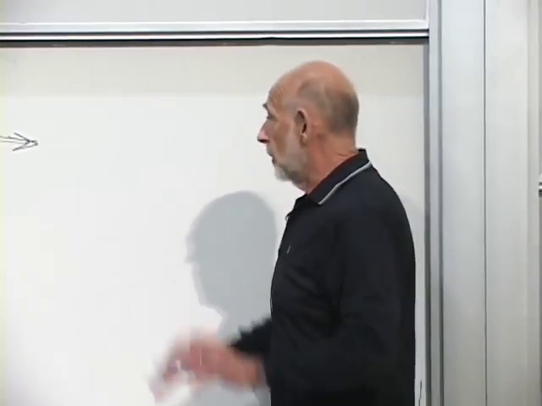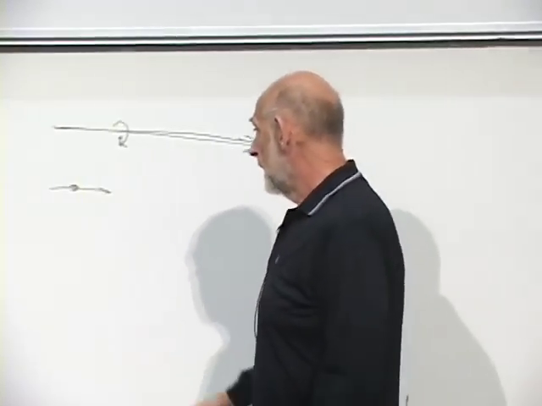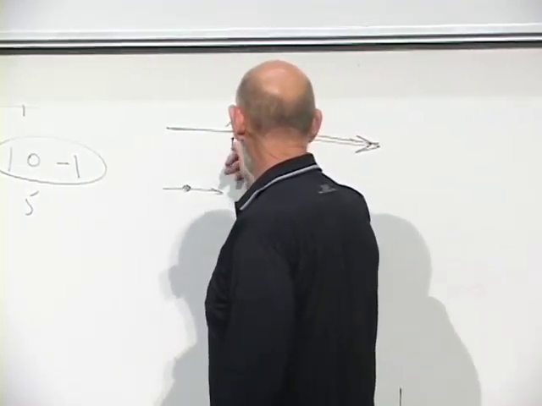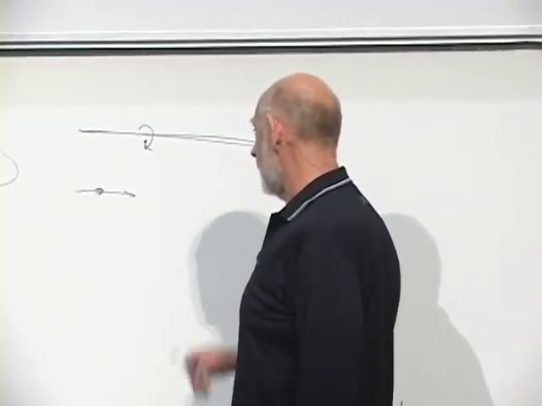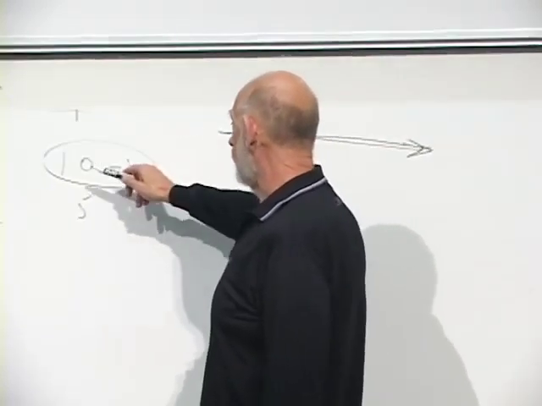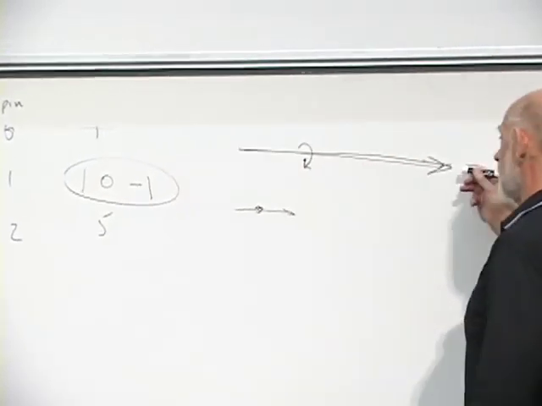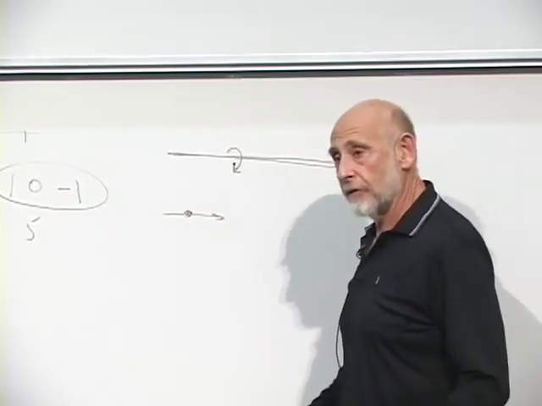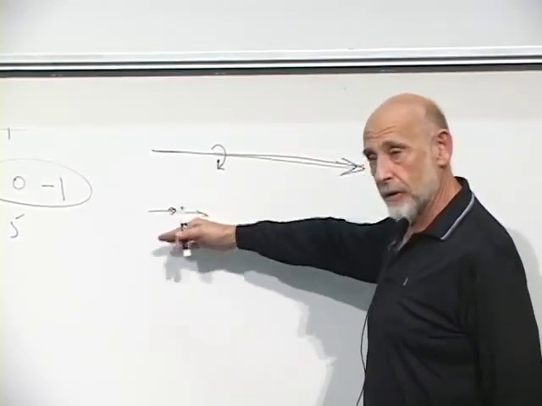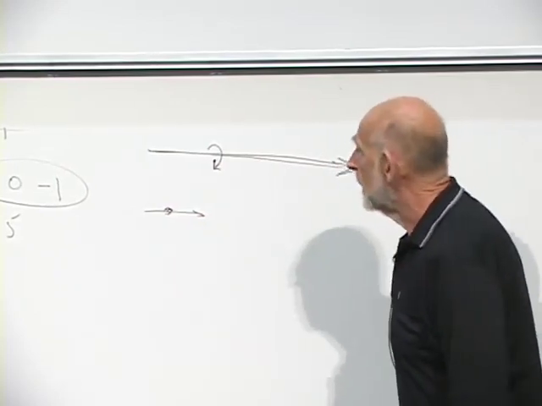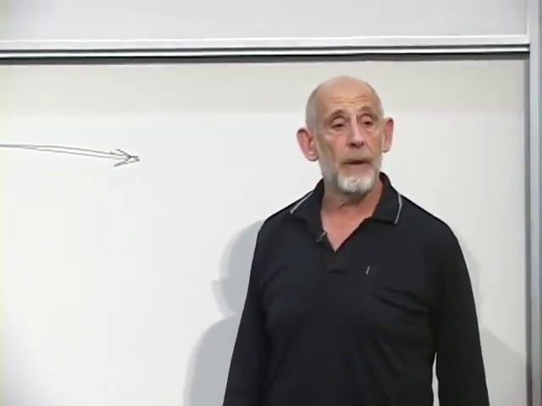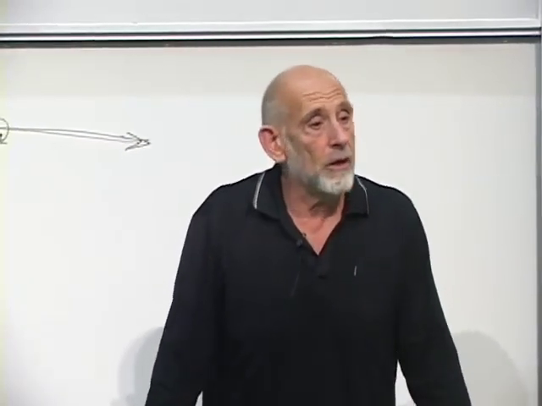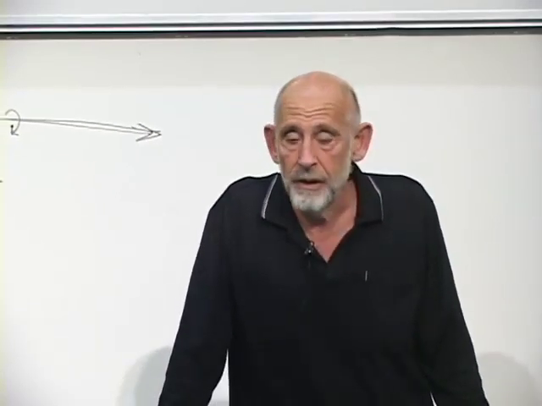Okay, so conclusion. If you have a massive particle, it must have all 3 states. Spin along that axis, spin along that axis, and that's not enough. You have to be able to make up spin along the perpendicular axis. On the other hand, if the particle is massless, there is nothing you can do to bring it to rest.